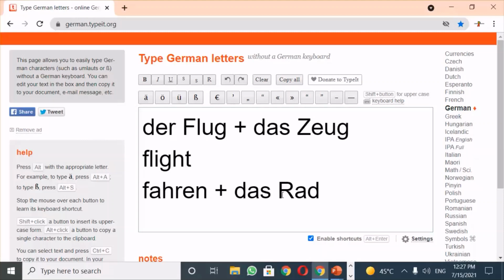And from this verb, this part has been taken, and the noun Rad, das Rad, is the wheel. And we know that bicycles have wheels.